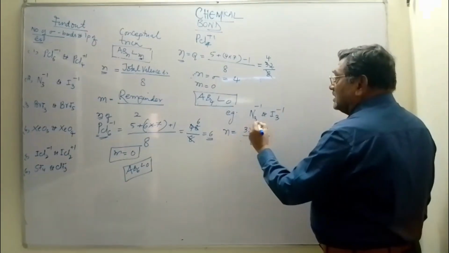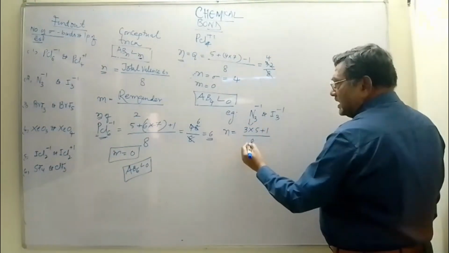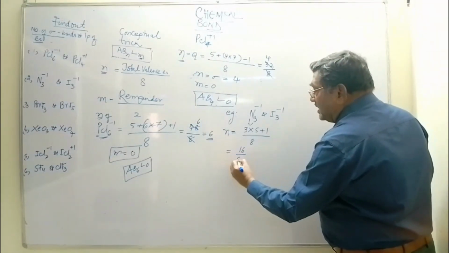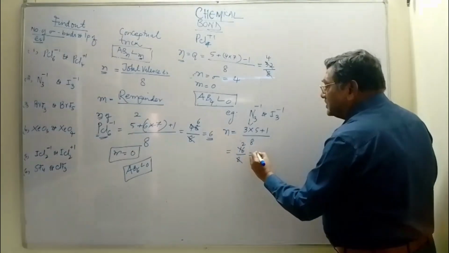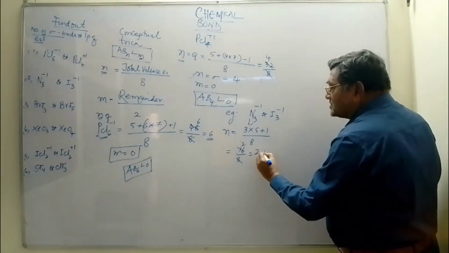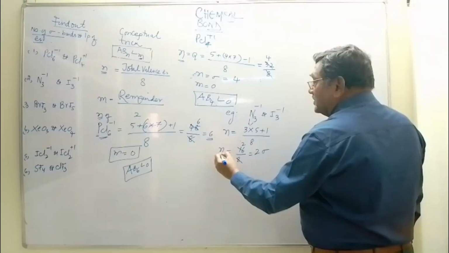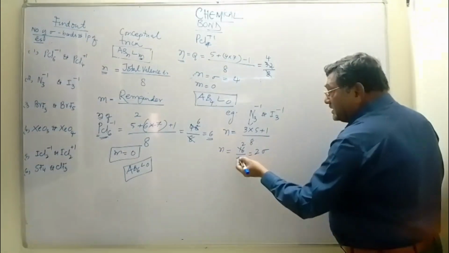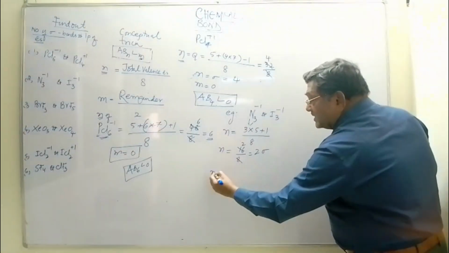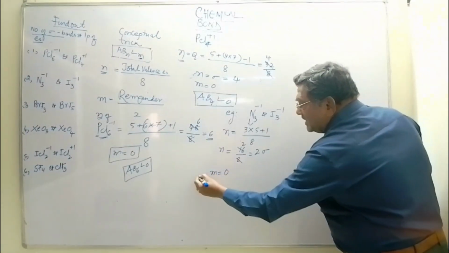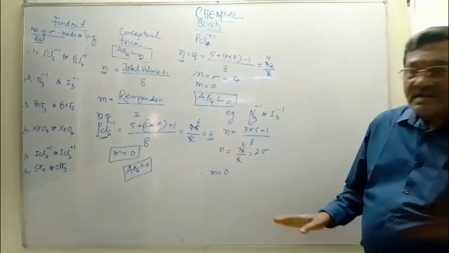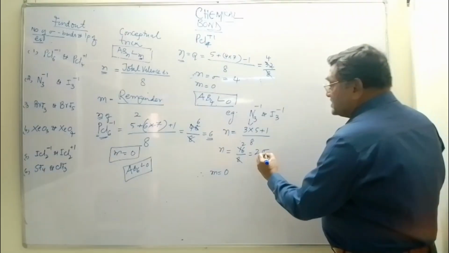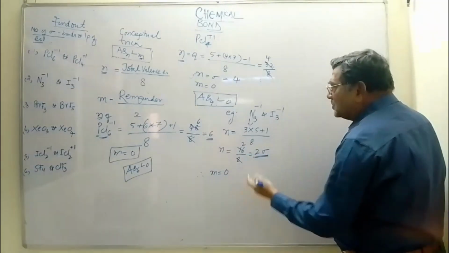That's 16 by 8, which is 2. There are 2 sigma bonds, or 2 bond pairs, you can say. No remainder is present, therefore m is equal to 0. This is the way to do the problems. 2 sigma bonds.